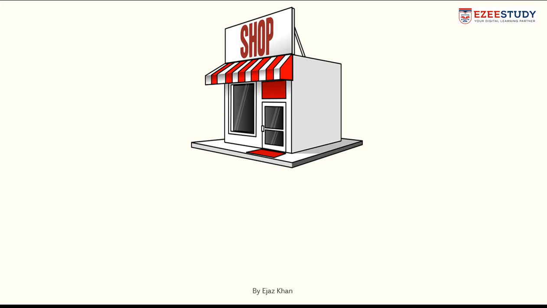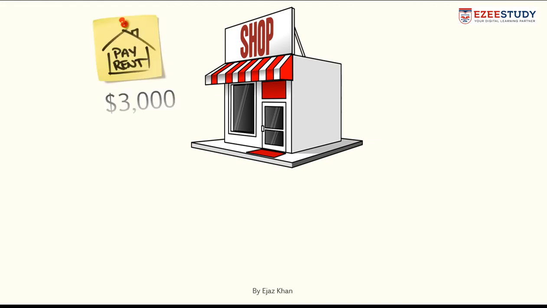Now, definitely, we will have a shop and we have to pay the rent for the shop. Let's suppose we are paying $3,000 for this shop every period. So, what will happen if we don't sell any burger?